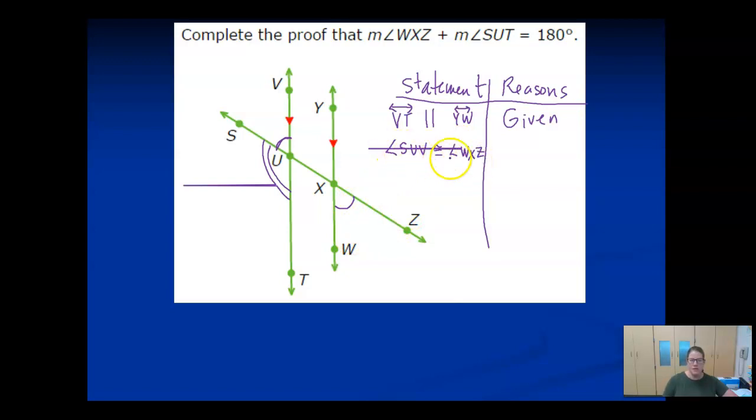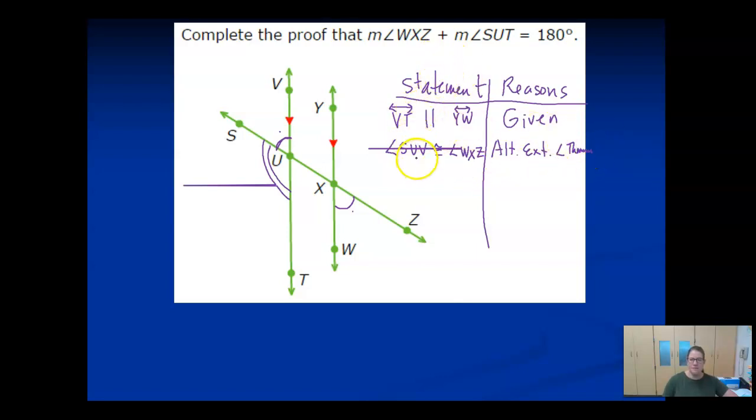Okay, I know those two angles are congruent, and the reason that I know they're congruent is because I know the lines are parallel, and these are alternate exterior angles. So my reasoning here is going to be the alternate exterior angle theorem. I'm not sure if it's a theorem or a postulate, but I'm not too worried about that part of it.